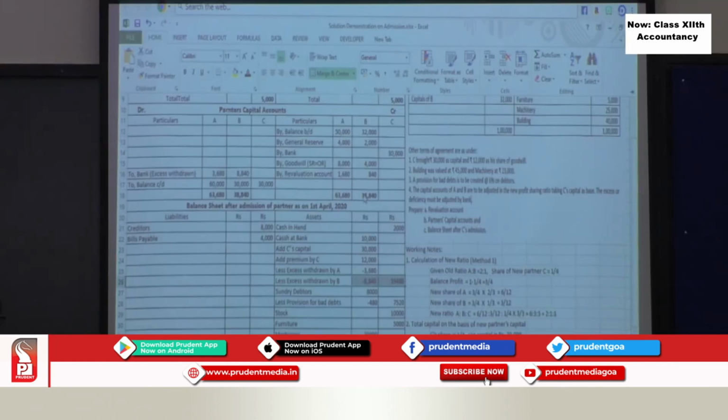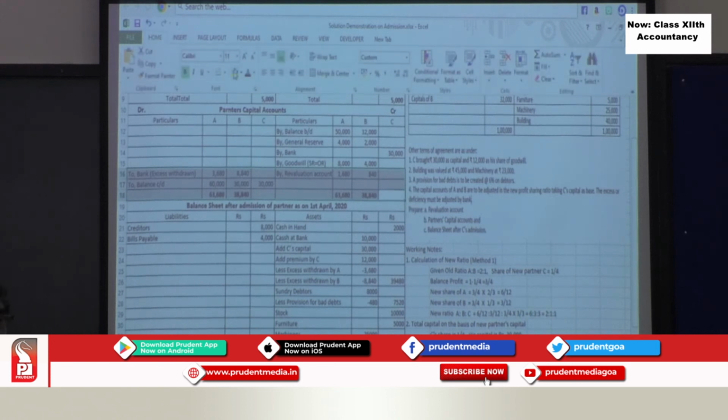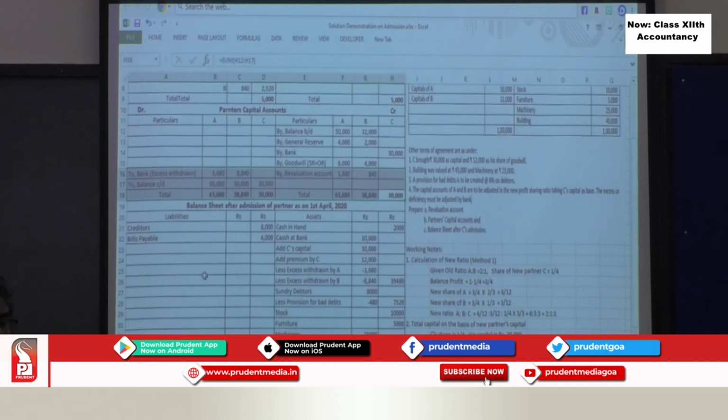Now, as we have done the balancing of A and B, partner C's account is remaining. Partner C's account is the debit side and the credit side will be the same amount. So the total and the balance, everything is the same. There is no excess to be withdrawn, no deficiency to be brought in. So we have got the capital balances of the partners.